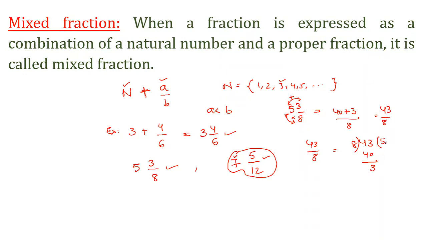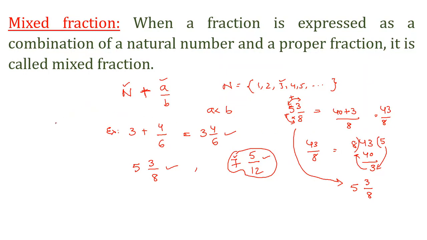Now take this quotient first. Next, remainder by divisor. So quotient, then remainder by divisor. This is the order in which you write it again as a mixed fraction. Observe, these two are equal. Like this you can convert any mixed fraction into an improper fraction and any improper fraction into a mixed fraction.